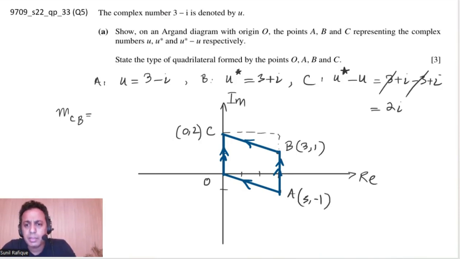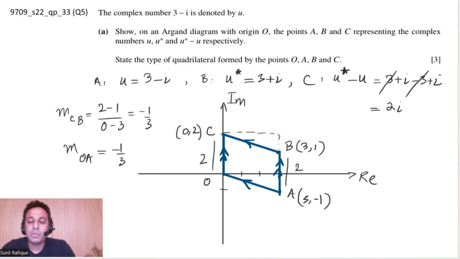To find the gradient, it's y2 minus y1 over x2 minus x1, so that's negative 1 over 3. And I can clearly see the gradient of OA is negative 1 over 3 as well. So opposite sides are equal and parallel, and I can check these two. This is a 2 and this distance is a 2 as well. So the quadrilateral formed is a parallelogram.